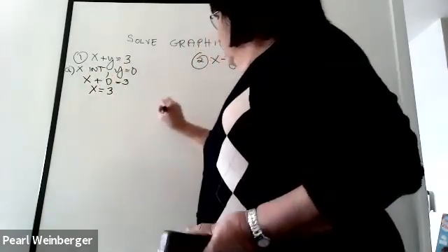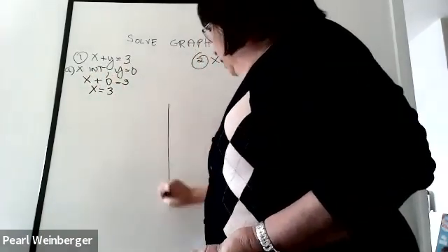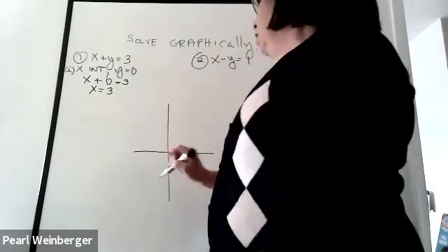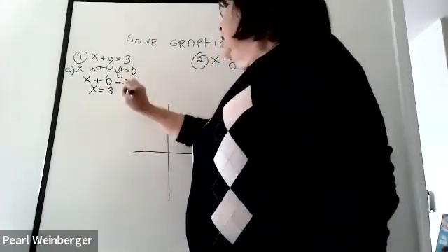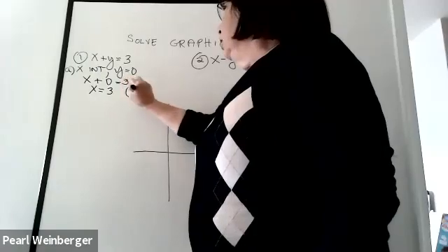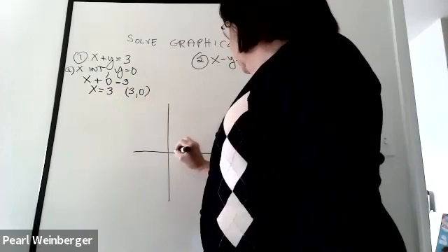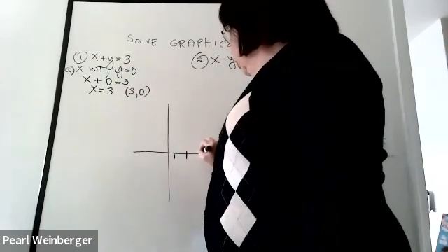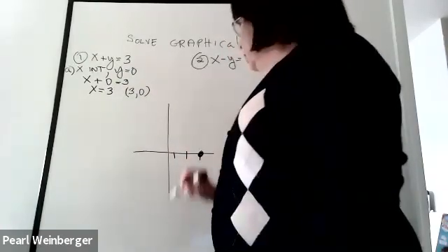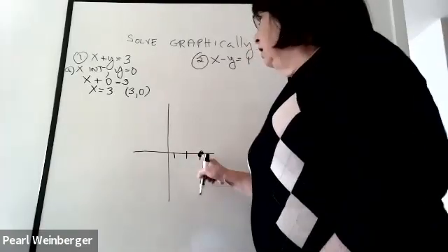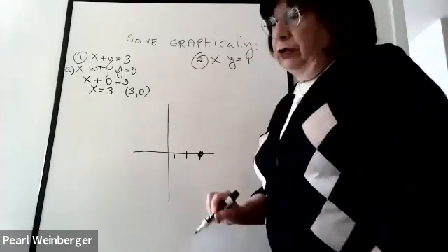In other words, here on my graph paper, for number 1, the x-intercept is the point 3, 0. When the y is 0, the x is 3. Here's the x-intercept for the first equation.